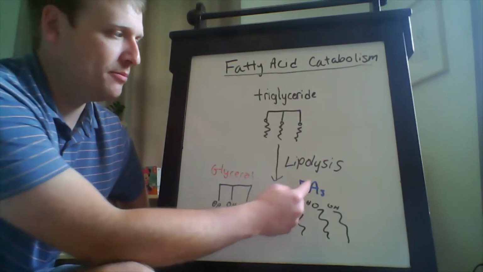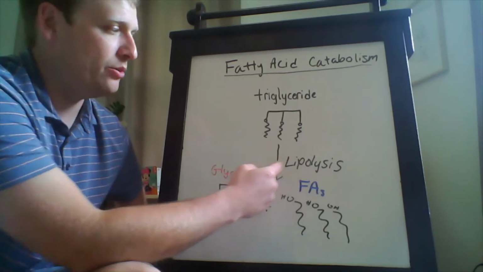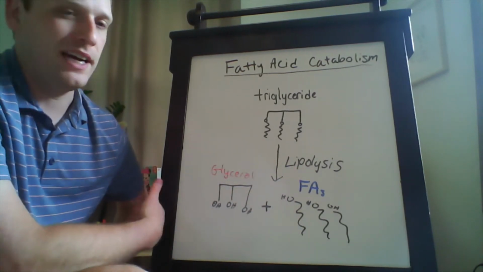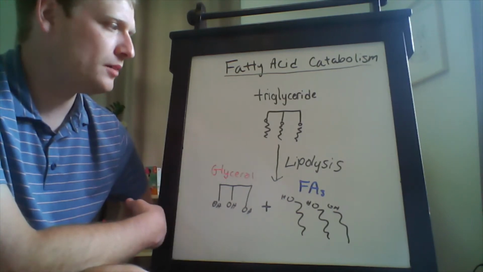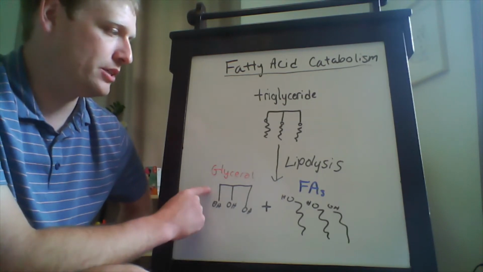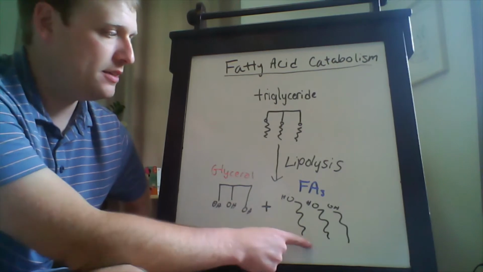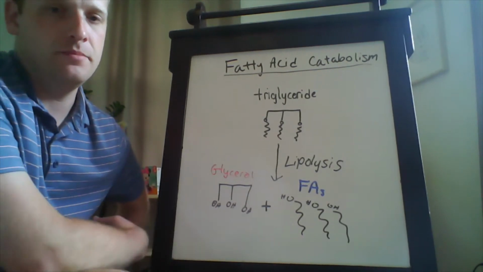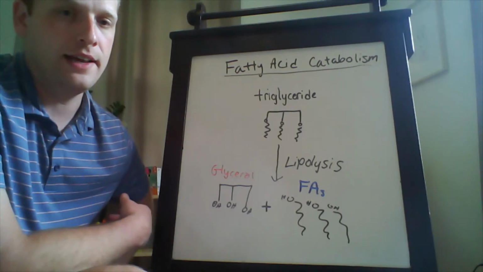The term lysis, again, just means breaking down, and lipo just refers to the fact that this is a fat, a lipid that we're talking about. So lipolysis is breaking down a triglyceride into glycerol and fatty acids. Both of these can be used in further catabolic reactions to generate energy ultimately.